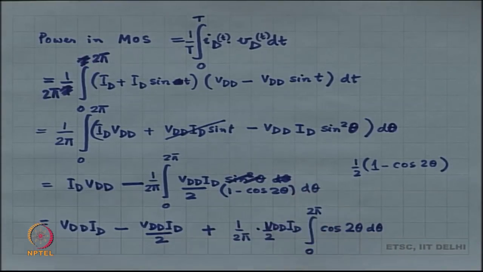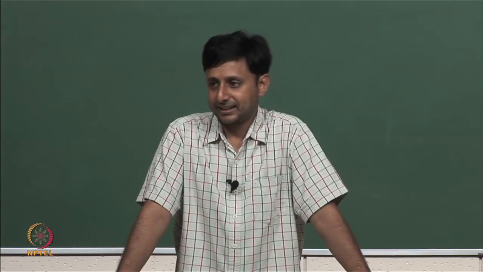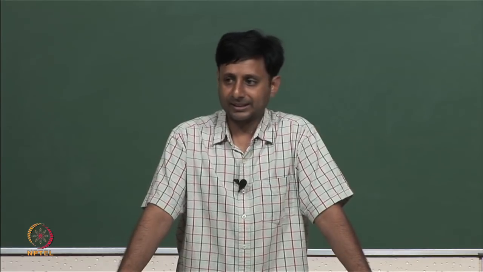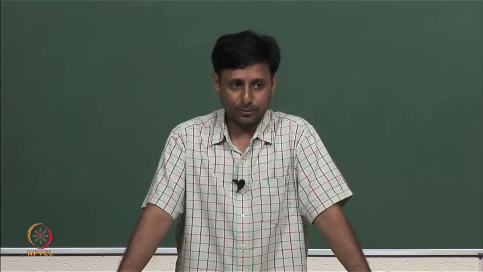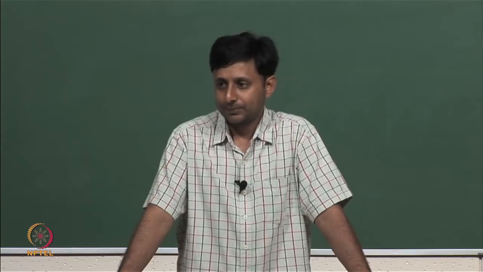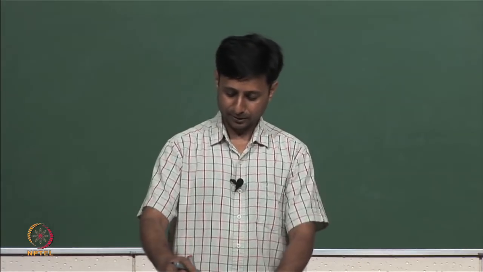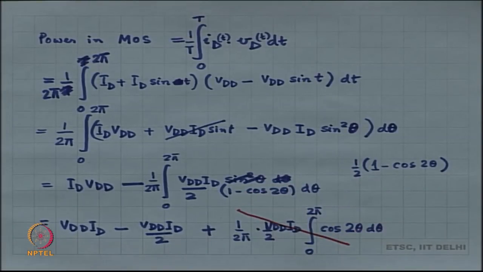So, now you are integrating cos alpha from 0 to pi. The integral of cos alpha is sin alpha. When you plug in alpha to be 0, you get 0. When you plug in alpha to be pi, you again get 0. So, the net result of this integral is going to be one big 0.